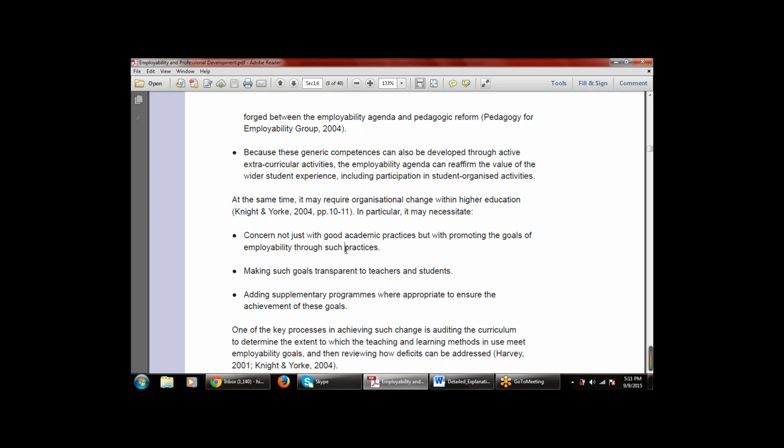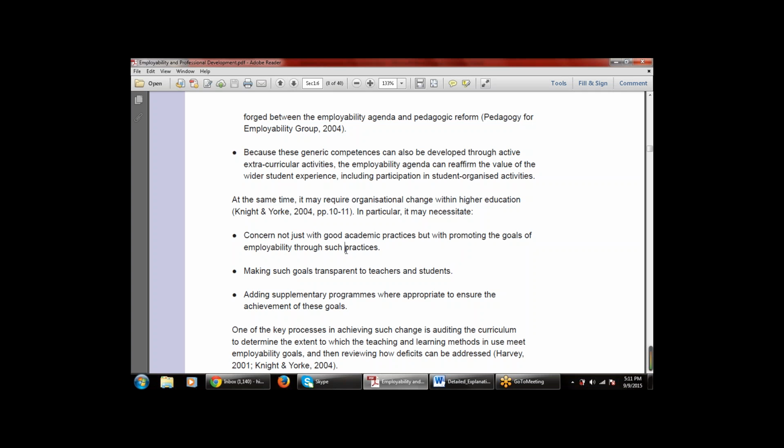That is, how to promote the goals of employability with good academic practices.